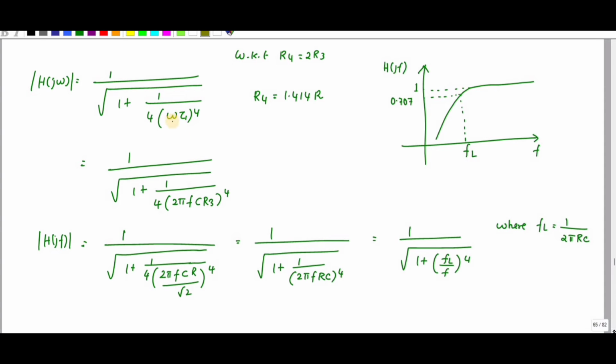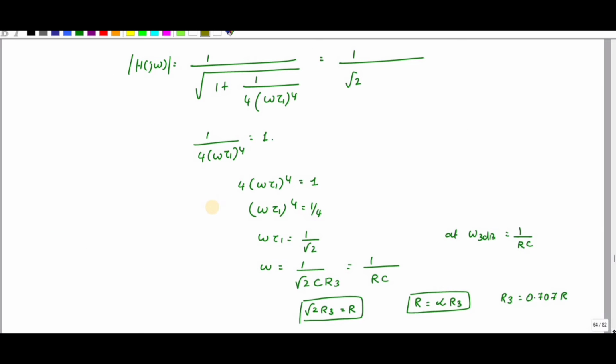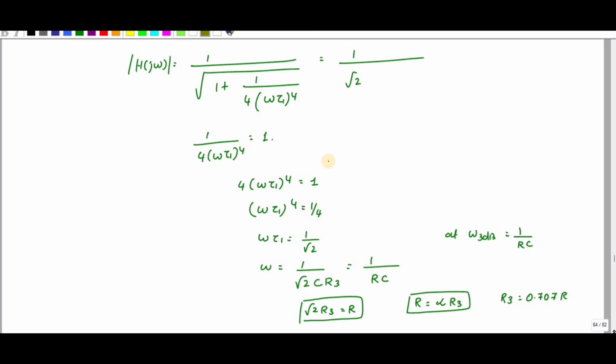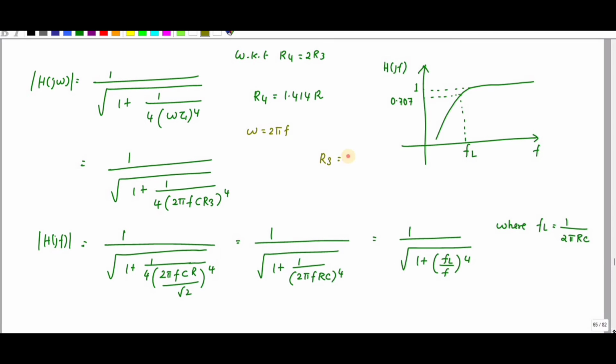Here I am going to substitute omega is equal to 2 pi f, and tau 1. What is tau 1? Tau 1 is equal to CR3. We know the relation between R3 and R: R3 is equal to R by root 2.